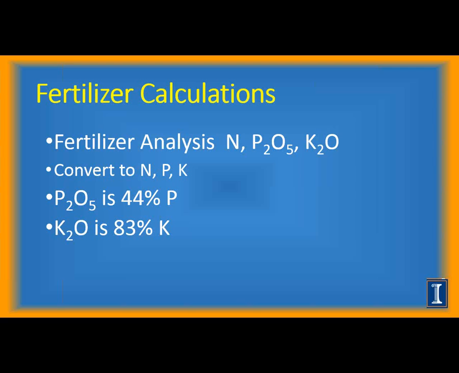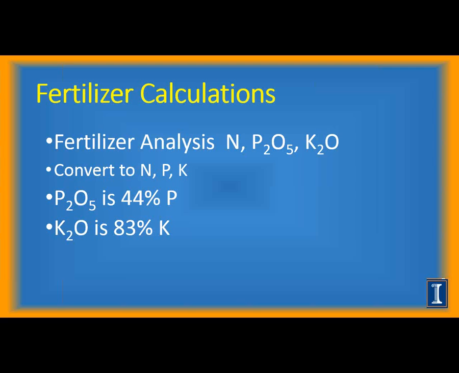It turns out, if you take the molecular weight of phosphorus and oxygen, you add in 2 phosphorus and 5 oxygen, and then you divide that into the weight of the 2 phosphorus, that entity, that P2O5, is about 44% phosphorus.